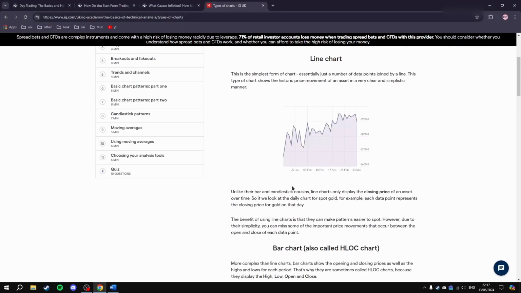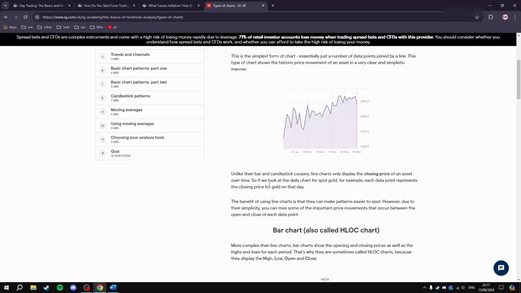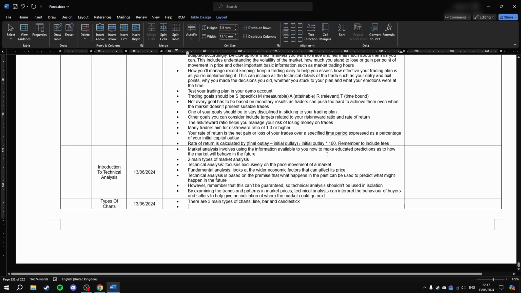Line charts. This is the simplest form of chart, essentially just a number of data points joined by a line.